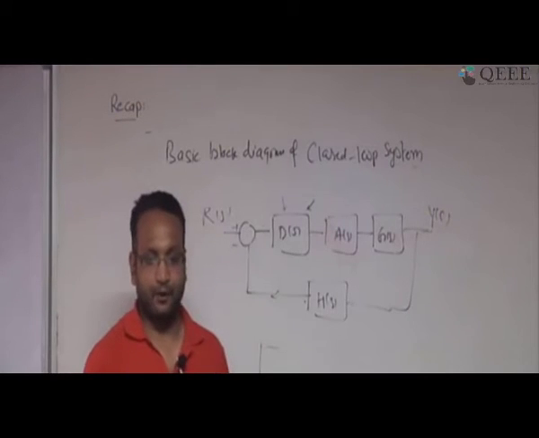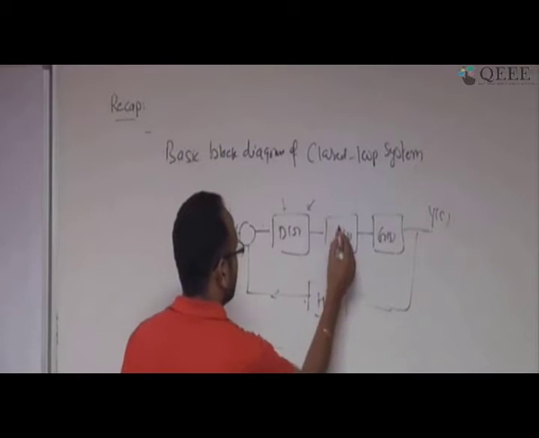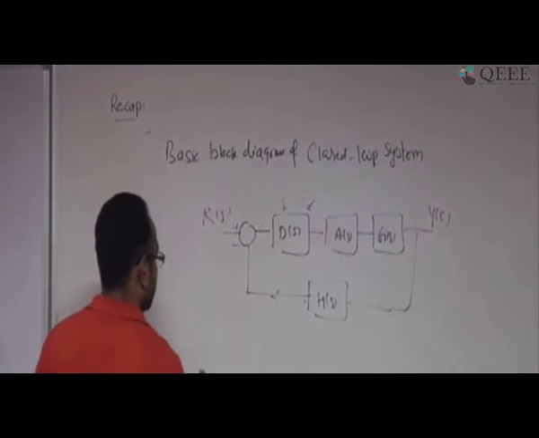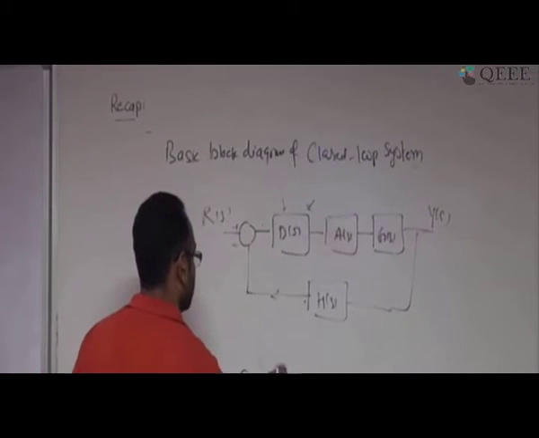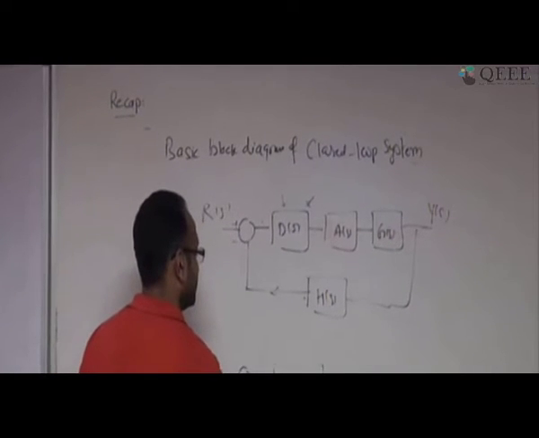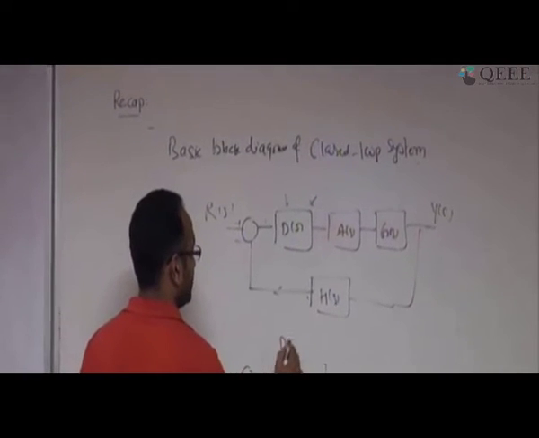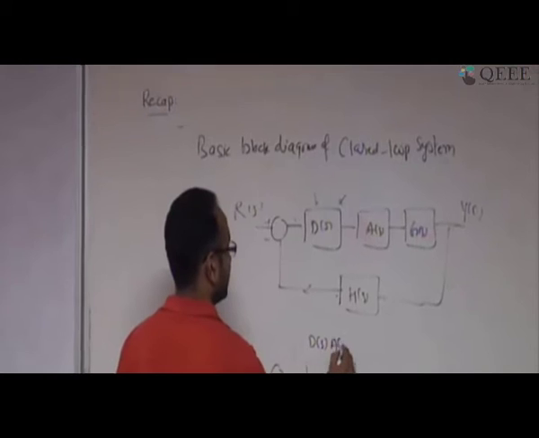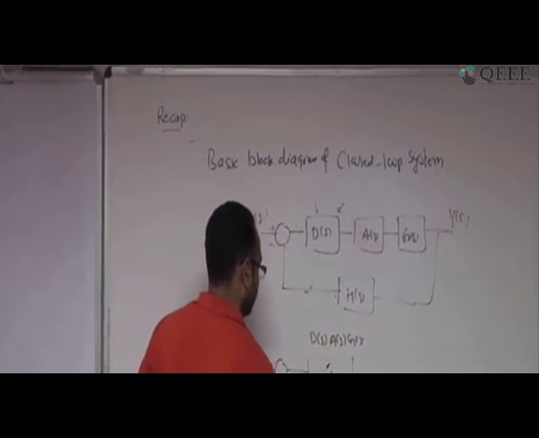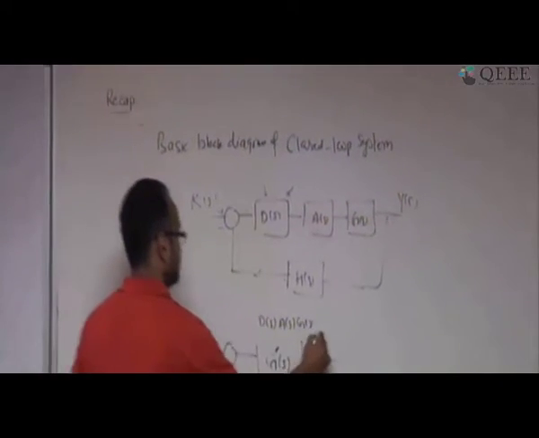Since all the systems are linear time invariant, the entire forward path I can write as one G prime of S, which is D of S into A of S into G of S. And this is going to be your feedback element, and you get the response. This is what we have seen.